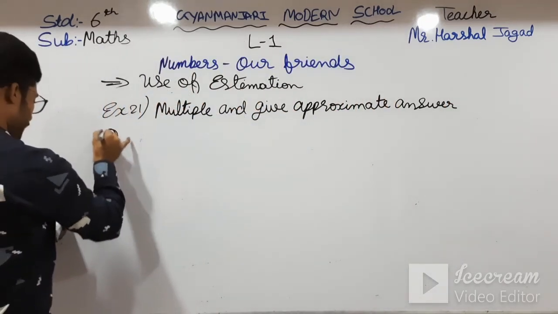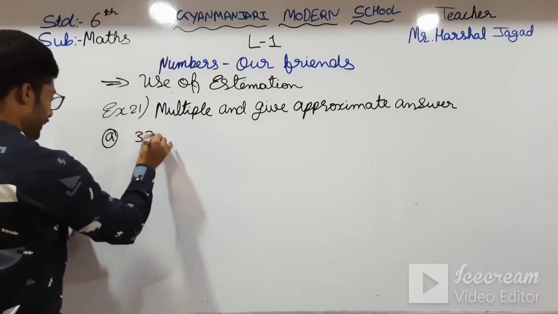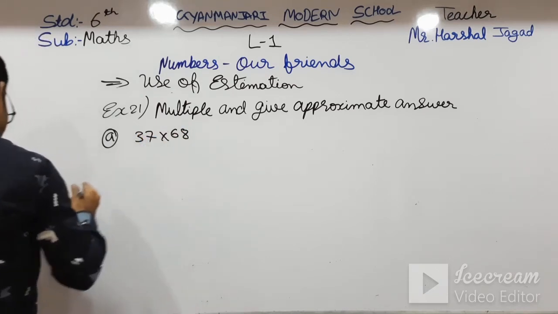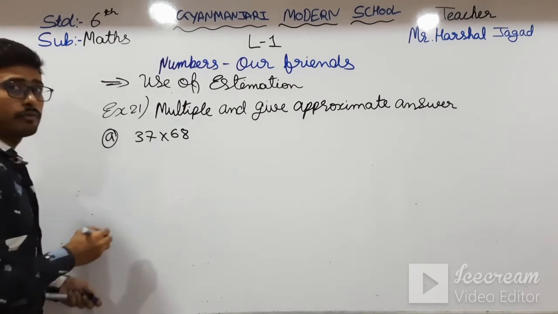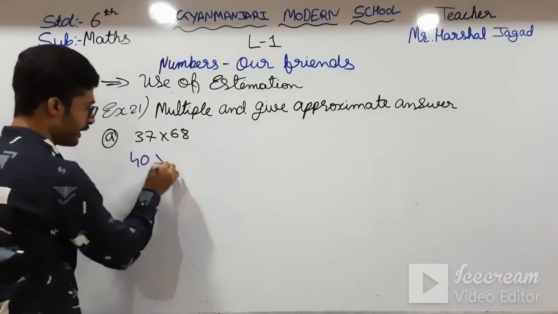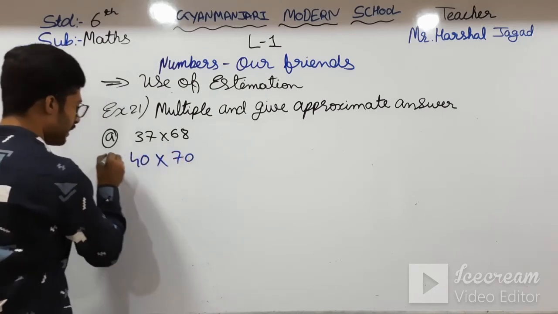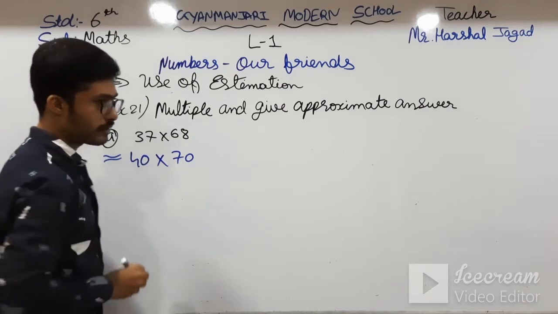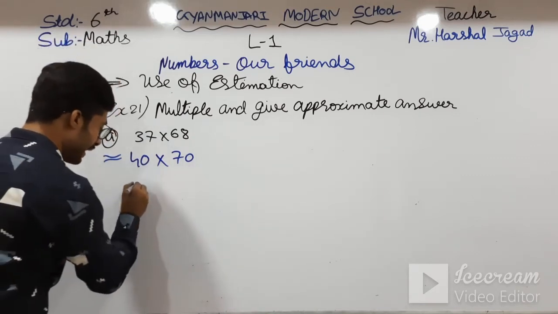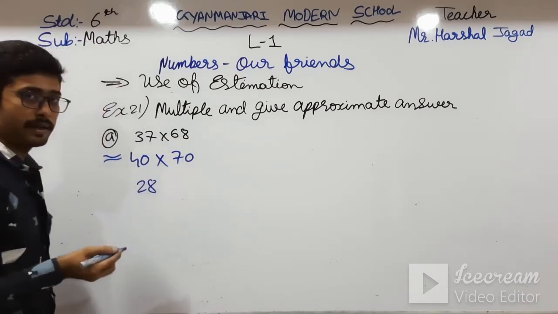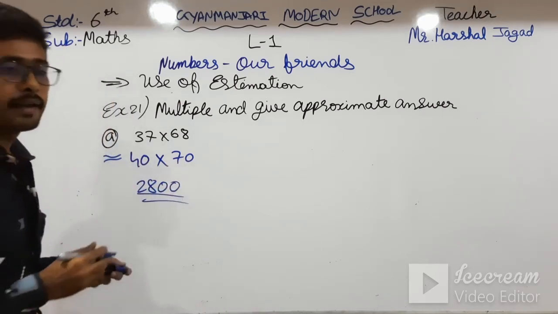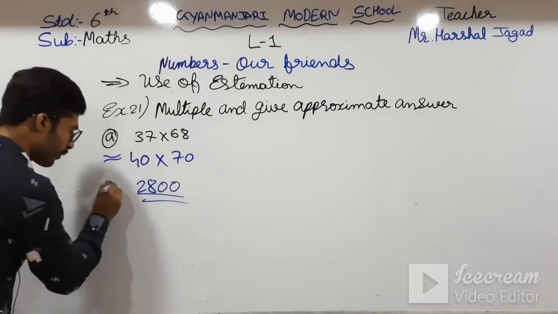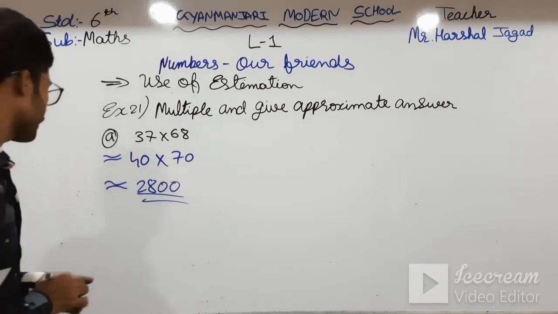A, that is 37 into 68. So what will you do in this? First of all, we have to round off. Here it will be 40 and here it will be 70. 7 4s are 28, and how many zeros? 1 and 2. This is the answer by round off. This is the approximate answer of this question.